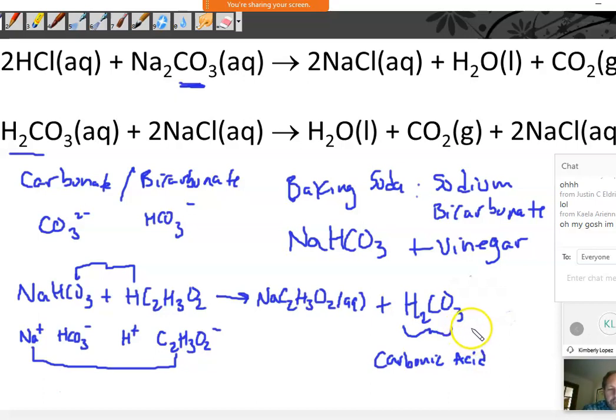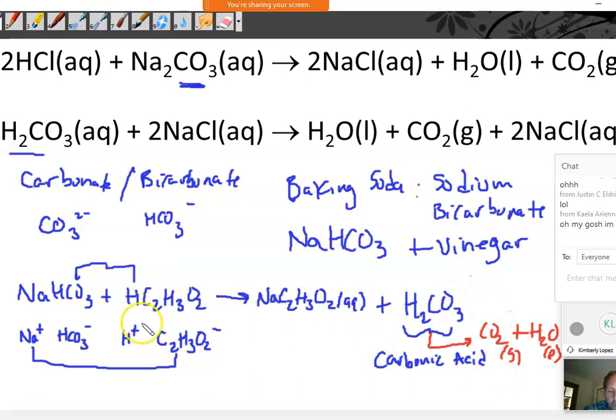Like in soda, when it's pressurized, it's stable. That's what the pressure is, all of the CO2 in water. But once you open it, carbonic acid breaks down very quickly and easily into CO2 and water. All right, and CO2 obviously is a gas, and water is a liquid.